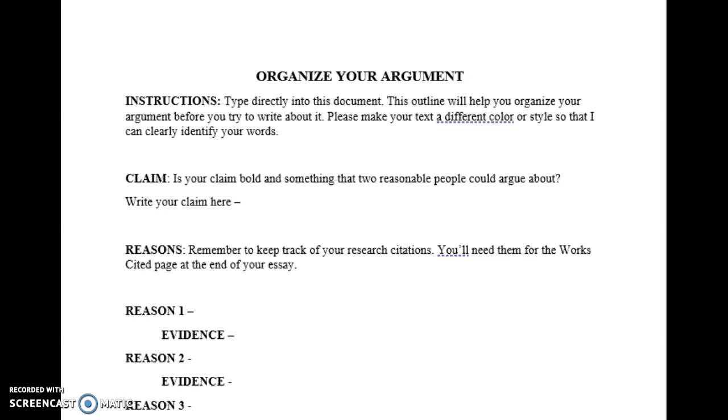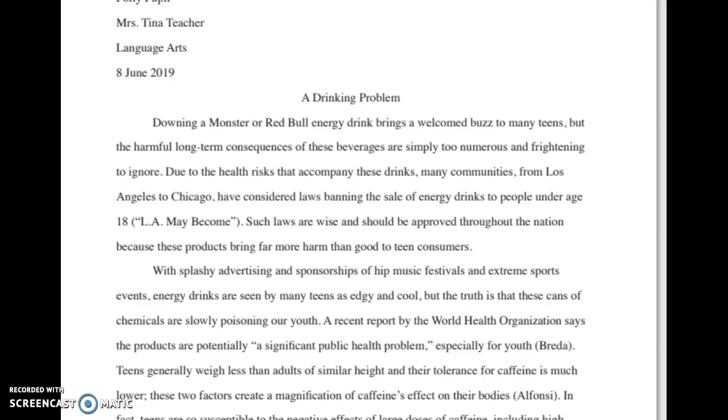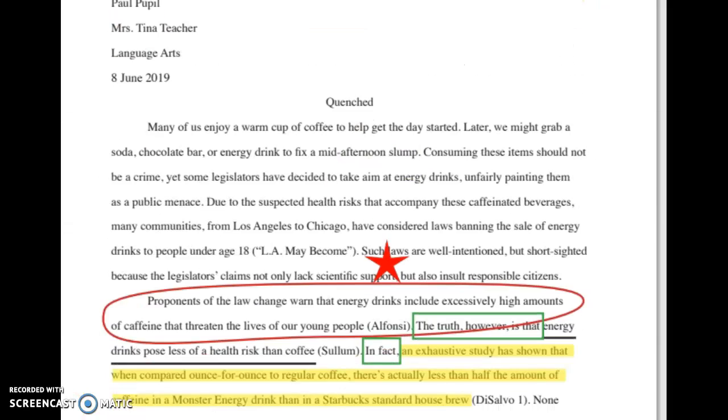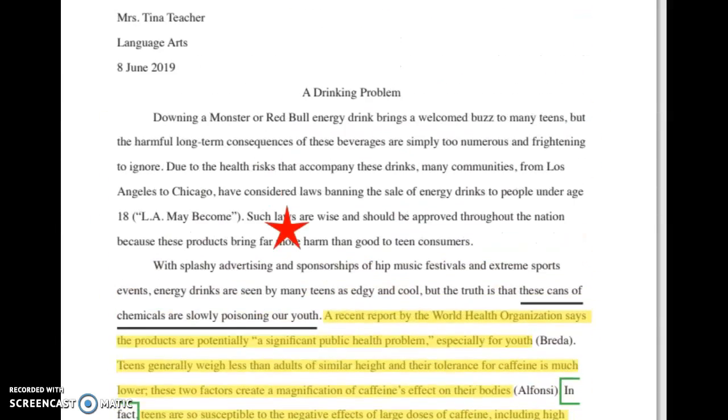What we are going to do is look back at the essay "A Drinking Problem" from last week. We went through and we annotated this. So I'm going to scroll down to that. Oh, wrong one. Sorry. Okay, so we put a star right here on the claim.